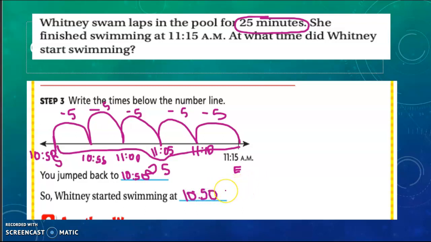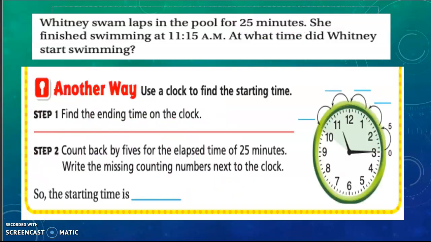Okay, so let's see how you can do it on an analog clock. On the analog clock, it's kind of the same thing, except again, we're going backwards. Here the analog clock shows the time of 11:15. That is the end time. So I'm going to count backwards a total of 25 minutes to find my start time.